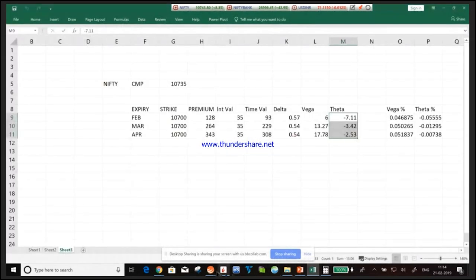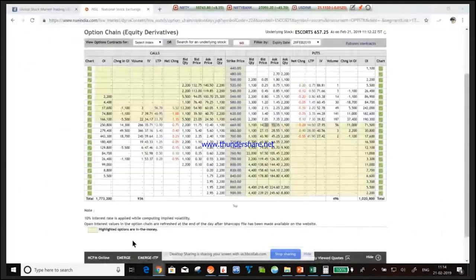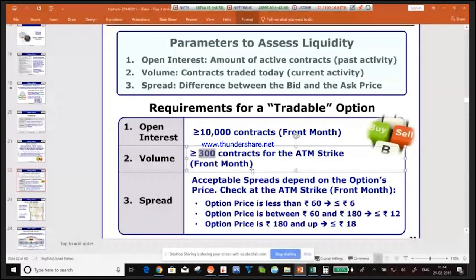Alright. Now I'll modify this rule a little bit. This is what I have done in my personal trading. What I give importance to is open interest: around 5,000, up to 5,000 is also okay, greater than 5,000 is okay, but I will not compromise on volume and spread.